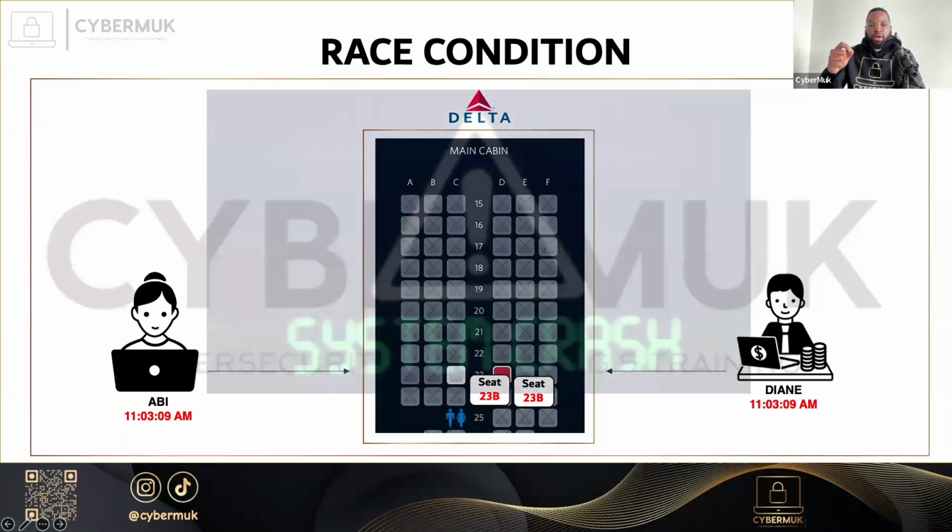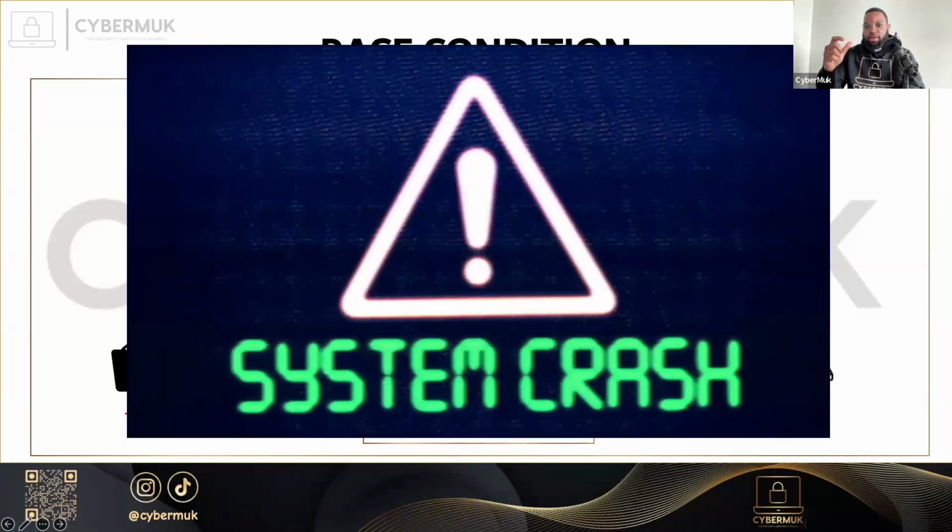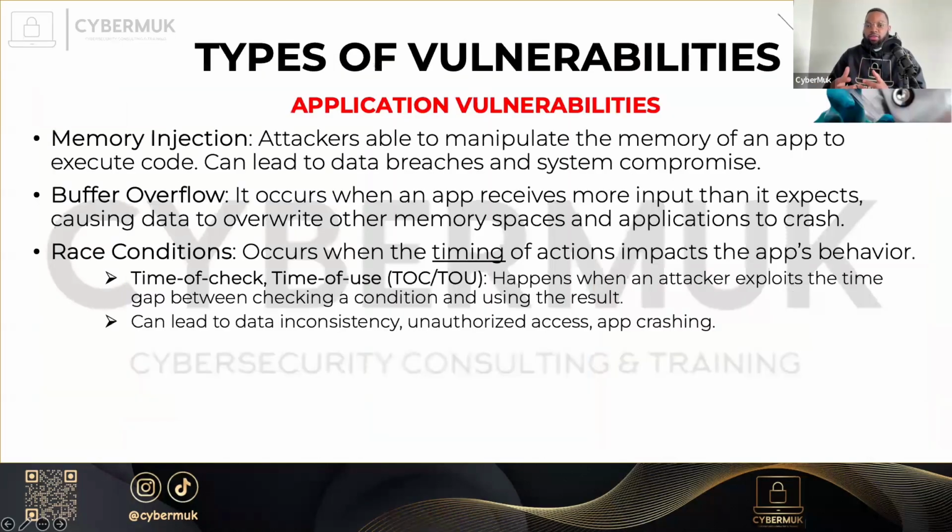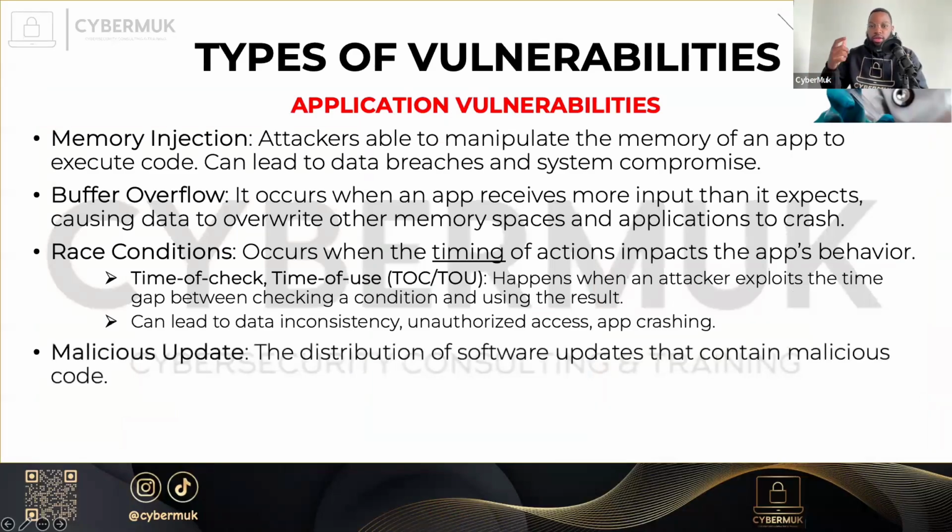Now, when both book at the exact same time, the system crashes. Why? Because they both try to book the same seat at the exact same time. And if the application is not coded and written properly, the application will definitely crash. And the attacker can take advantage of that. And we call that a race condition. So it's important for programmers to code their application in a way that it doesn't cause a race condition.